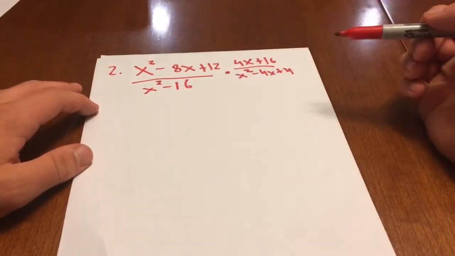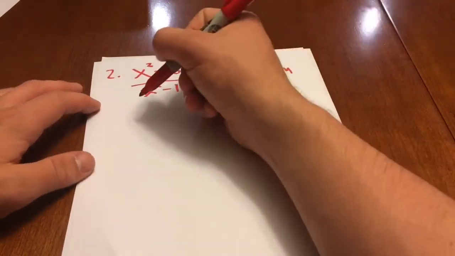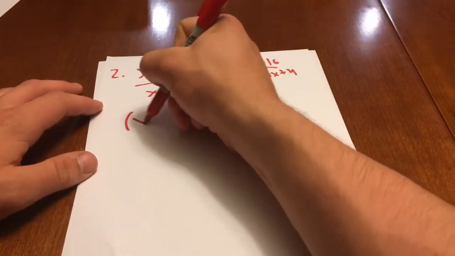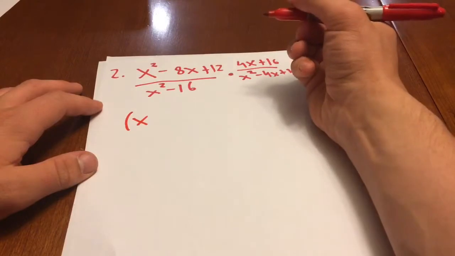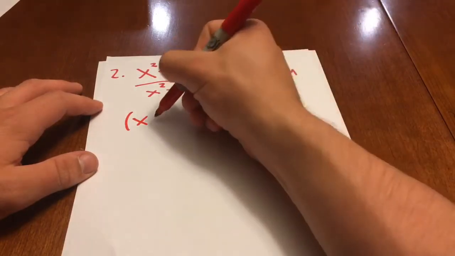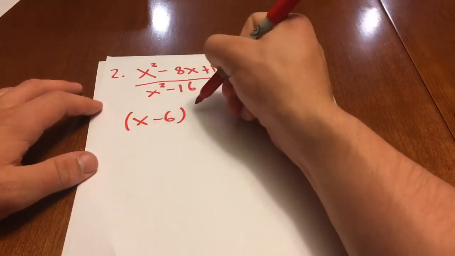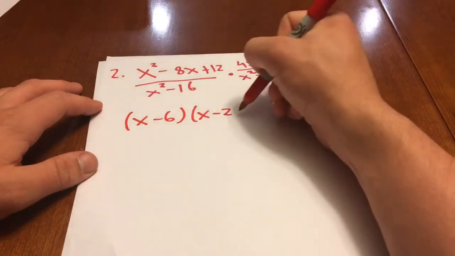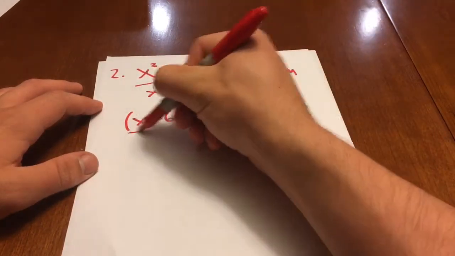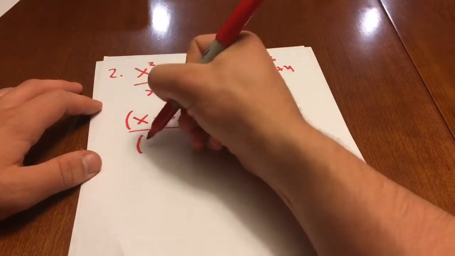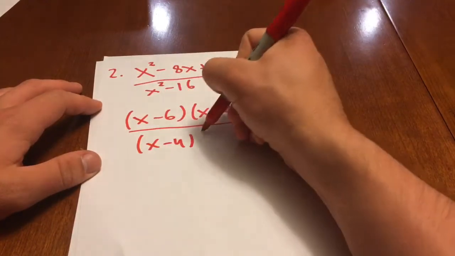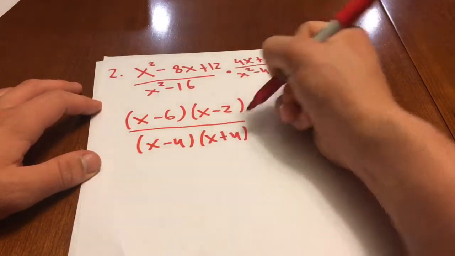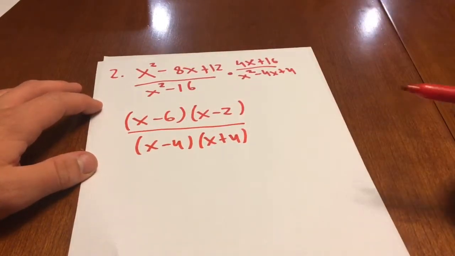The x squared minus 8x plus 12 term, we can factor as (x minus 2)(x minus 6), over (x minus 4)(x plus 4), which would be x squared minus 16 factored.